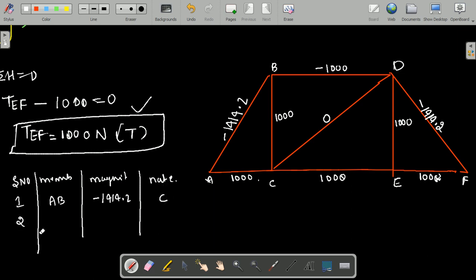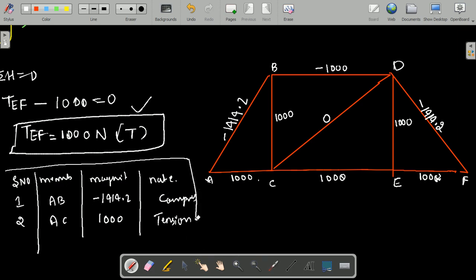Similarly, the second member, AC: the magnitude is 1000, and since it is positive, it is tension. Like that you need to make the list of all the axial forces acting on the members.